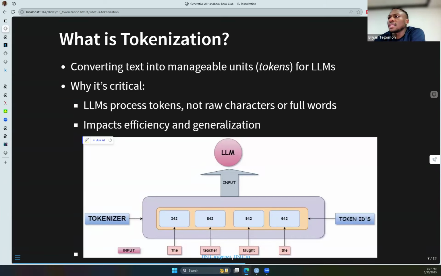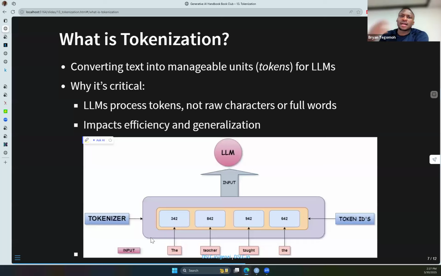That is a lot easier for a computer to understand. Large language models process tokens. They don't really process raw characters or full words. They convert those words into numerical values, and those are the values that are interpreted and used by the machine.